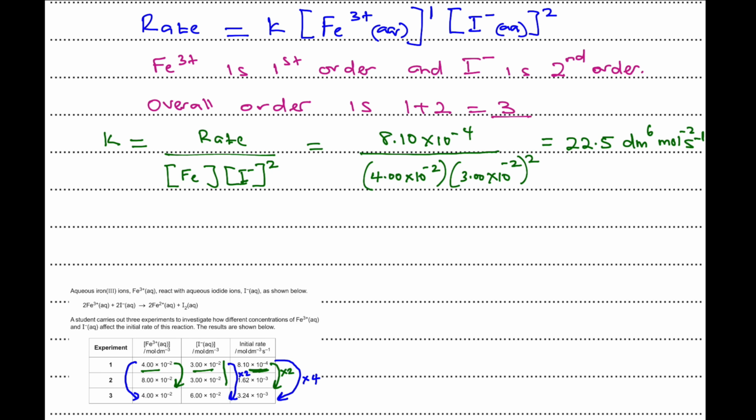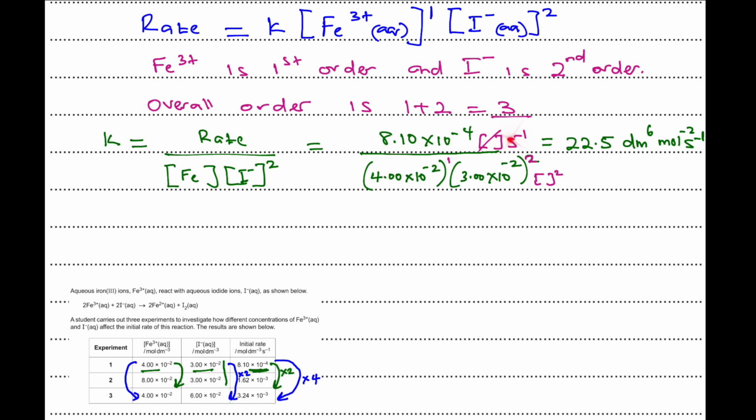Note that the unit on top is concentration per second, which is mole per decimeter cube. And the bottom two are also concentrations, so that will be concentration cubed. Working out the unit, concentration cancels another concentration, and you're going to get concentration squared, because the cube at the bottom is 1 plus 2, so that's concentration cubed. When the top one cancels the bottom, you've got concentration squared.